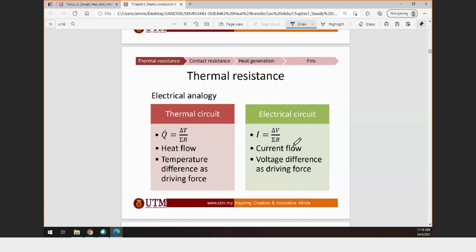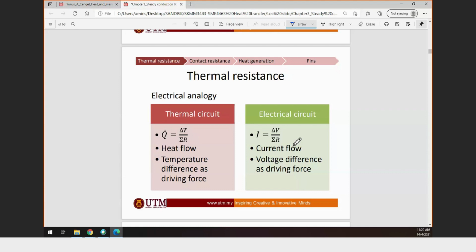In electrical resistance you can calculate the resistance from a difference in voltage and the current flow. But in the thermal resistance the current flow is changed to the heat flow, and the voltage difference is changed to the temperature difference.